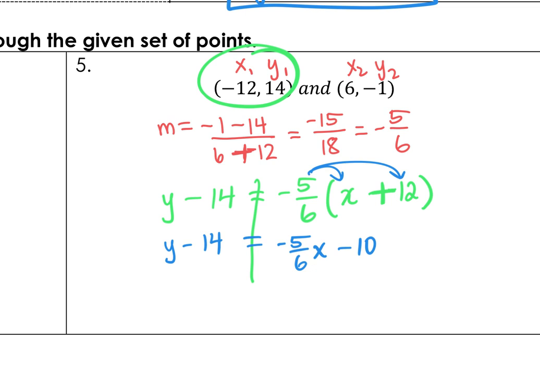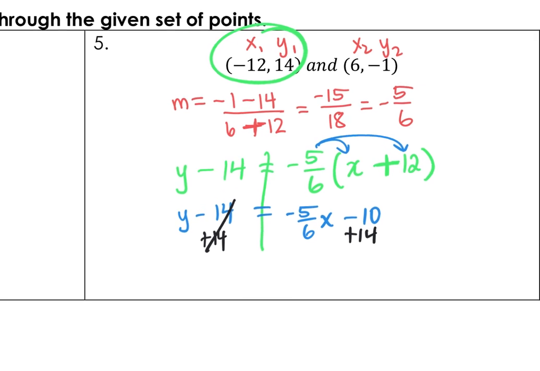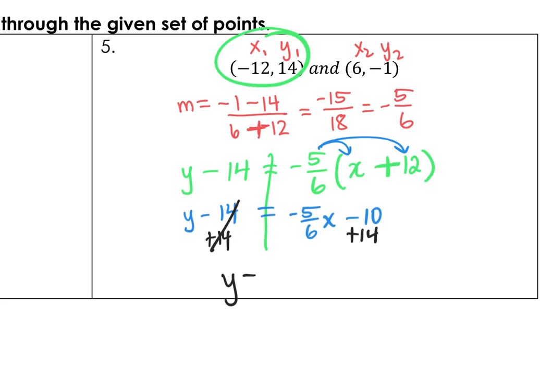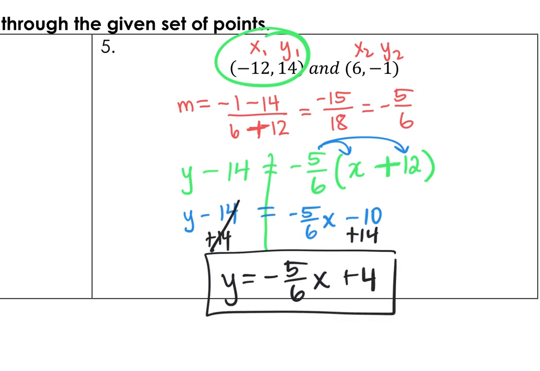Then all I have to do to get the y by itself is add that 14. So the equation for this line is y equals negative 5 over 6x plus 4. My slope is a negative 5 over 6. The y-intercept would be 4. You could graph this now. All the things.